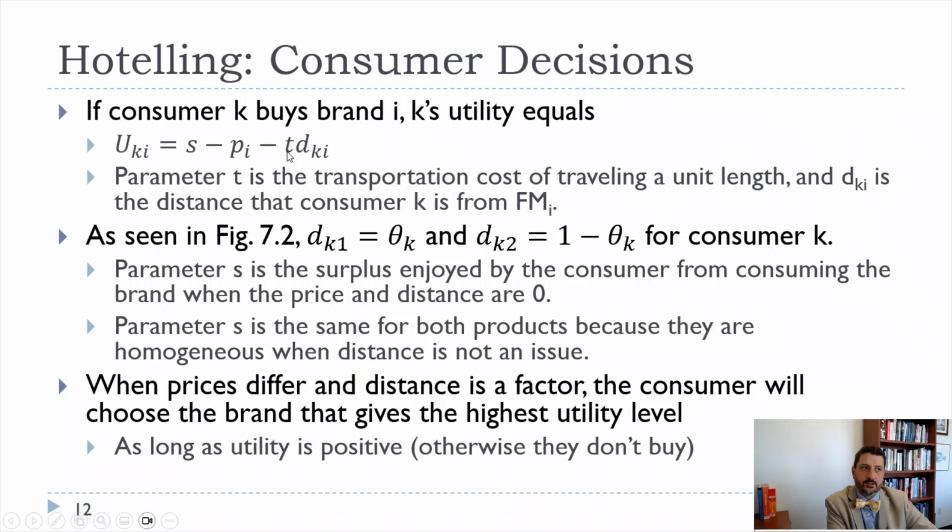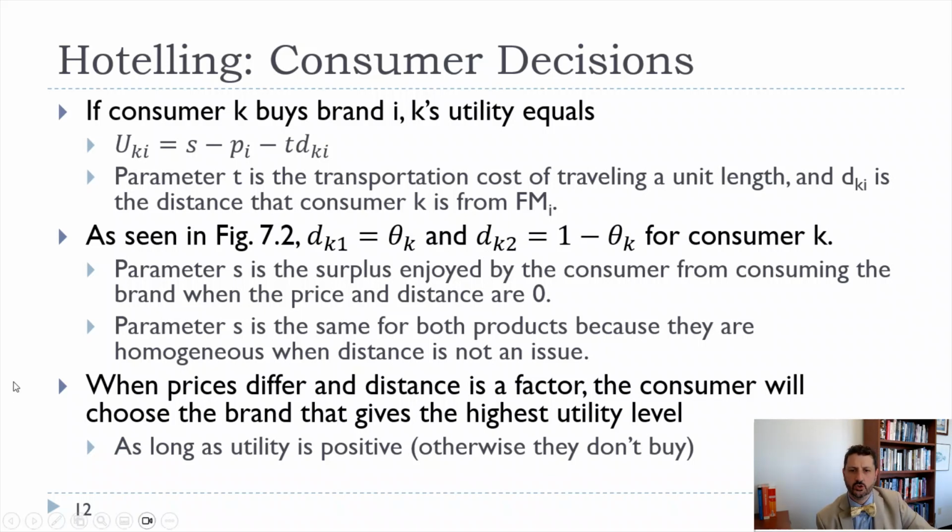Some cost. We also use that kind of model like in international trade where there's some cost of shipping the goods across the distances. We assume that the parameter S is the same because they're selling the same good, right? Because the only differentiation between these goods is their location along this one characteristic.